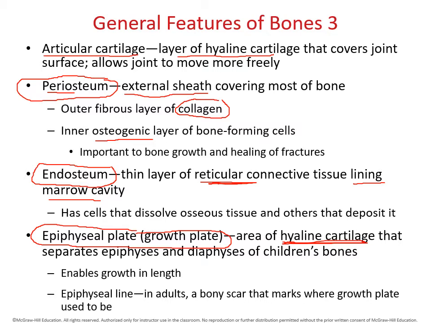Now, eventually that plate is going to close up because you're going to reach your maximum height. And this has to do with hormonal changes, also with genetics. When the plate closes up, there's no longer lengthwise growth. So what we see happening is that the plate, as it closes, will leave a little remnant, almost like a little scar, so that it's easy to identify where the plate once was.